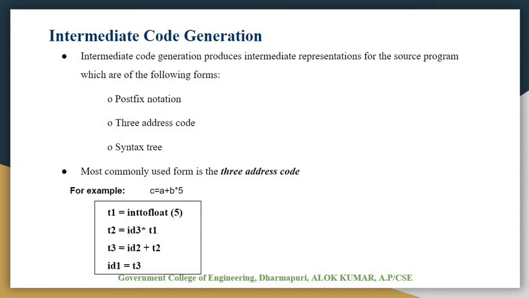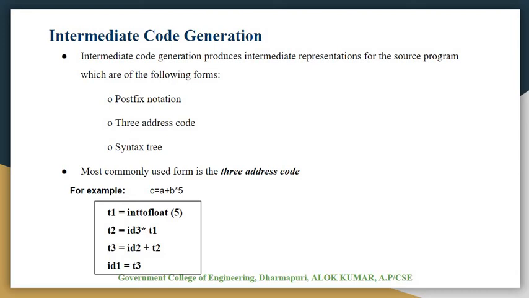We can write the intermediate code for this example like int to float. This 5 we are keeping into T1, and after that B is an identifier. Suppose for C we have given ID 1, identifier 1, identifier 2, identifier 3 for B. So ID 3 into T1, this multiplication we are doing and keeping in T2.